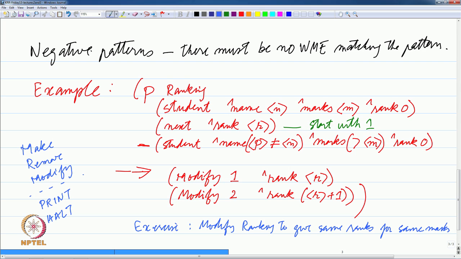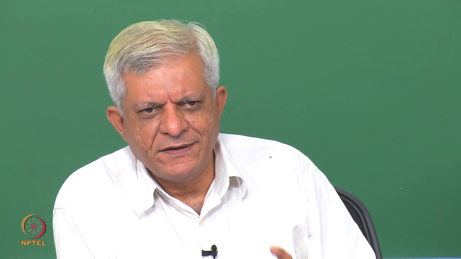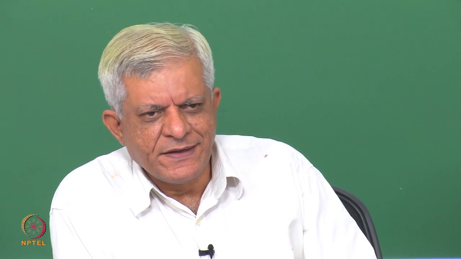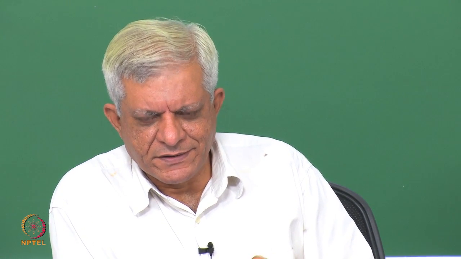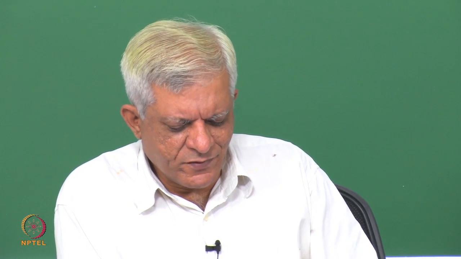So, in this class what we have done is we have looked at this language OPS5, we have not really stated it, but the language is OPS5 and how do we specify patterns, how do we specify rules, what are the kind of tests you can do in the left hand side of the rules, and we have looked at some of the actions make, remove, modify.